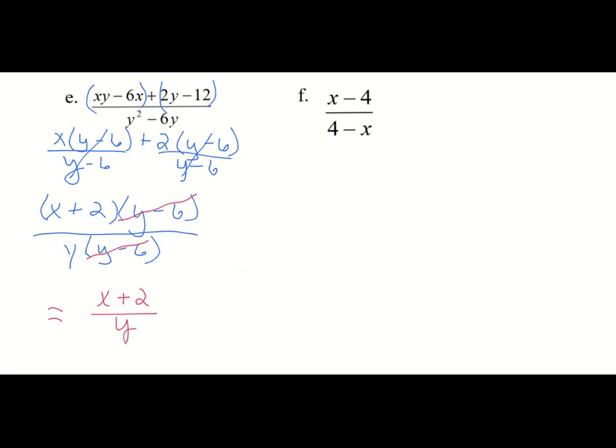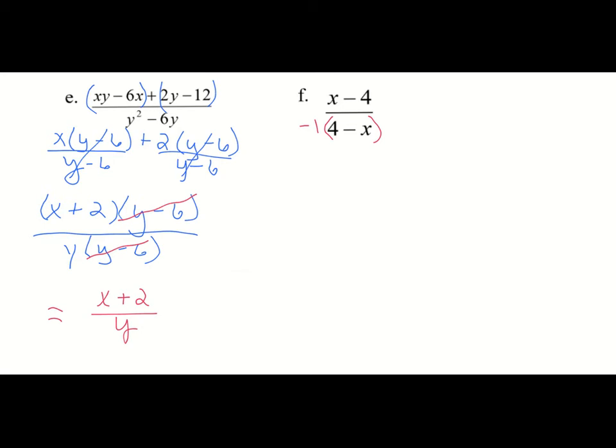Now, for F, when you look at it initially, you're like, oh, these are already factored. There's nothing we can do here. And you're almost right. But notice I have x minus 4 and then 4 minus x, and they're kind of like opposites of each other. If I take this bottom expression, because I notice that they're opposites, I can factor out a negative 1.